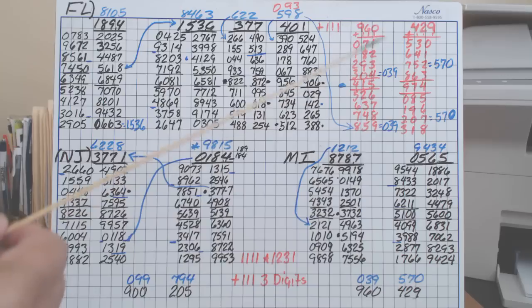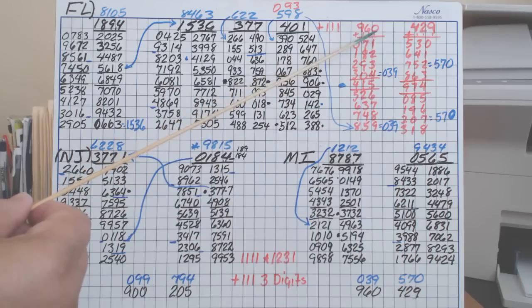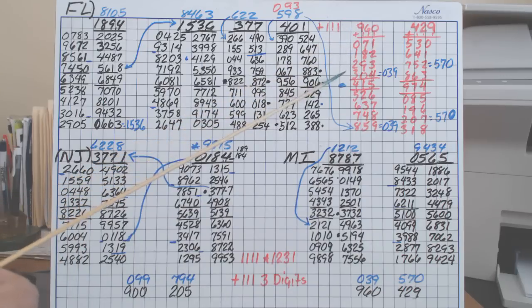039 relates back to 960 because it's a crossover number. But if you don't have that information in front of you, you would not know this. But crossover numbers, once they indicate that they are in the minus column, they are crossover numbers.